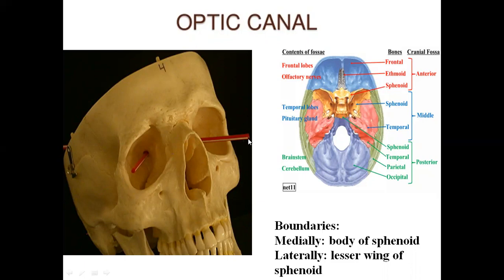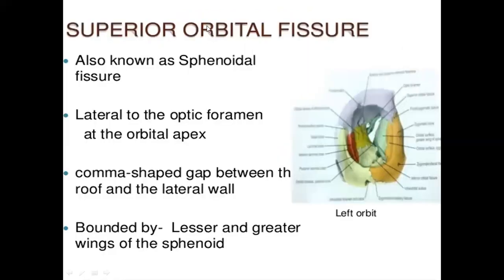The next one is the superior orbital fissure. This is an important short note question. The superior orbital fissure, also called the sphenoidal fissure, is defined as a comma-shaped gap between the lateral wall and the roof of the orbital cavity.